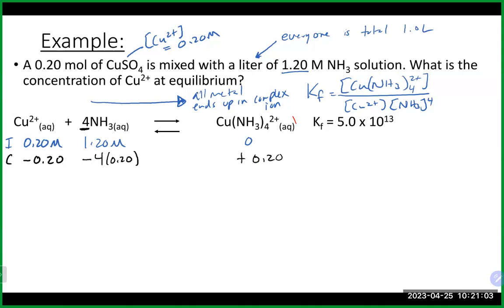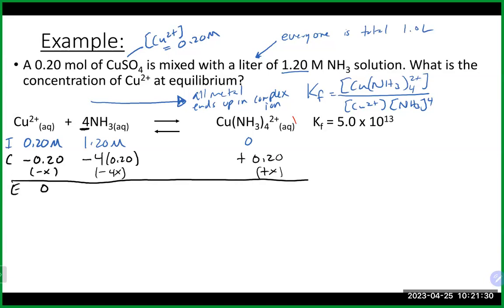Any questions on that? So that's very similar to how we do with x's. This would be like minus x, minus 4x, right? And plus x. The difference here is we already know what x is, so we're just putting it into our value there. Any questions on that there? So now we're going to carry down to the end here, which is going to give us 0 for this guy.